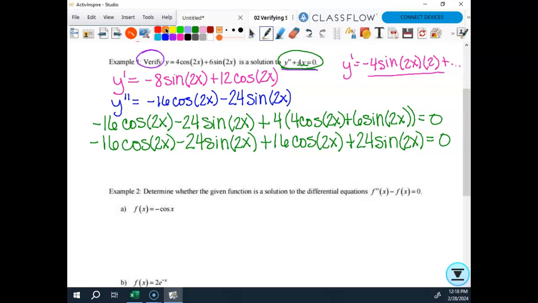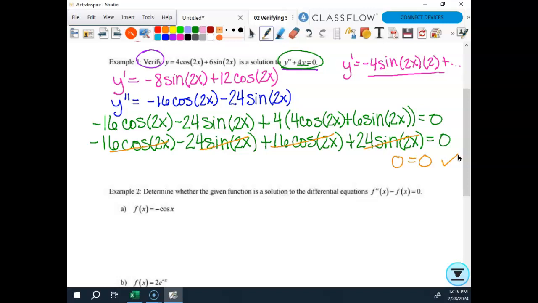Negative 16 and positive 16 zero out, negative 24 and positive 24 too. So I get 0 equals 0, and I just verified that that's true. They will be kind of like little puzzles. You know what you should get in the end. Everybody good so far?